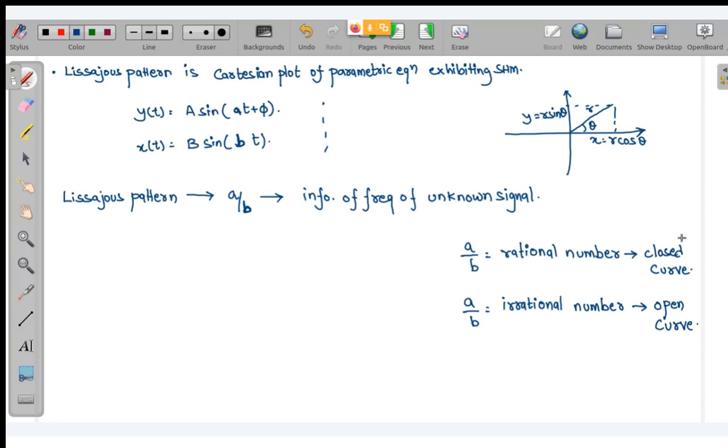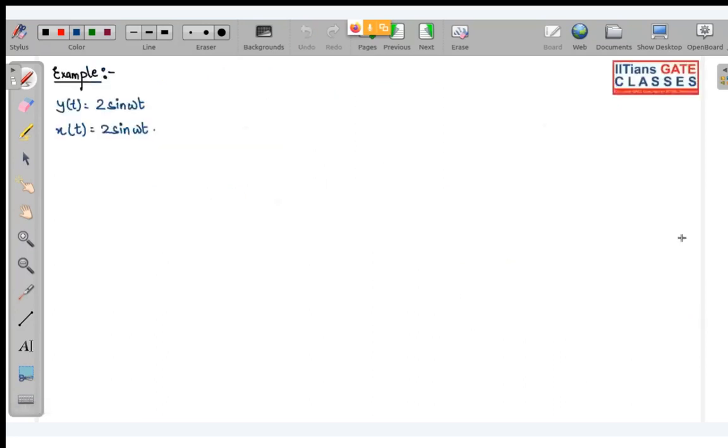Now first let us see how to draw this Lissajous pattern. We have these two signals, y of t is equal to 2 sine omega t and x of t is equal to 2 sine omega t.